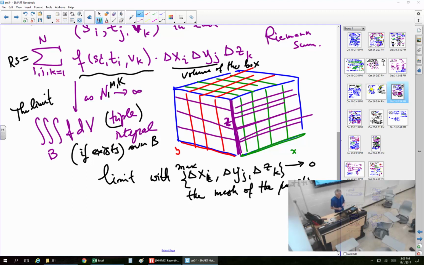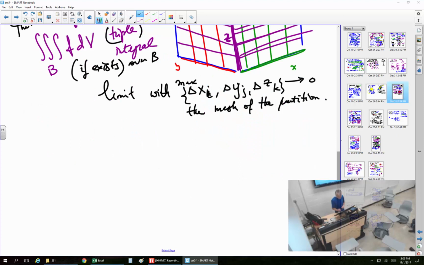And the one thing worth mentioning here is once again Fubini's Theorem. And that's how to convert the triple integral into three consecutive single integrals.